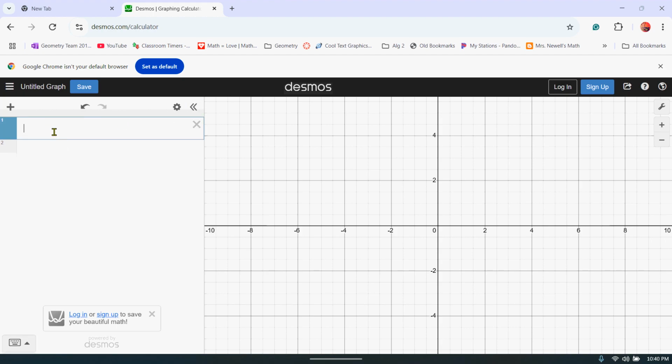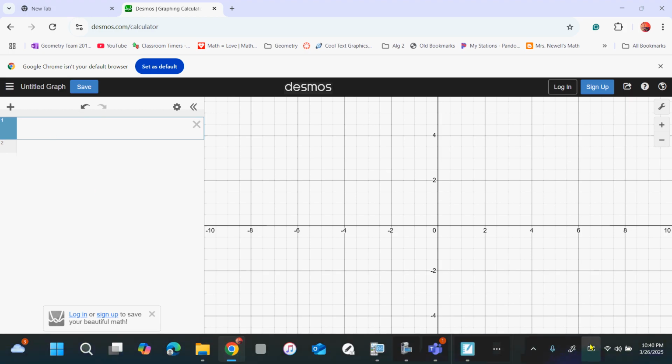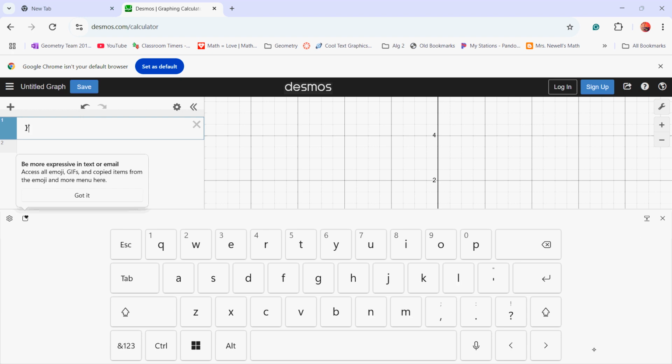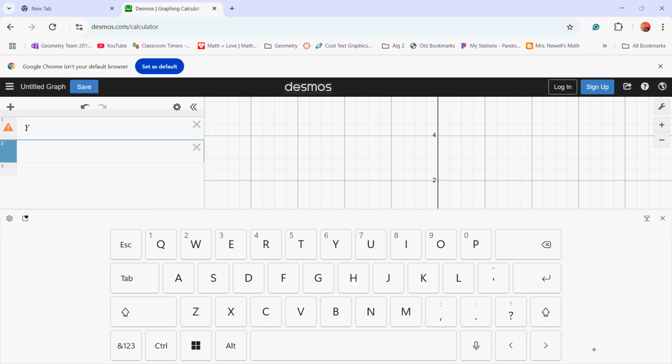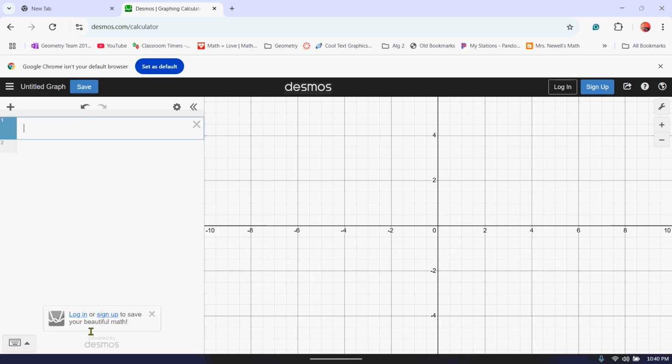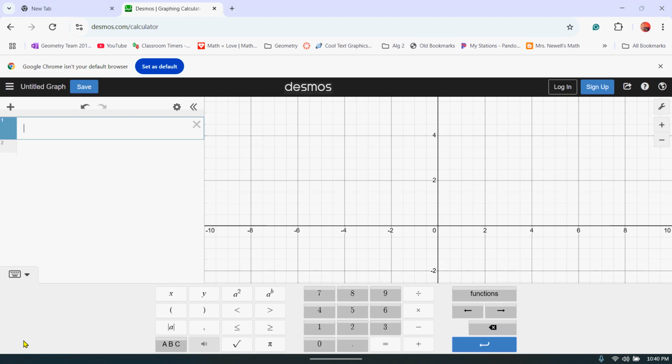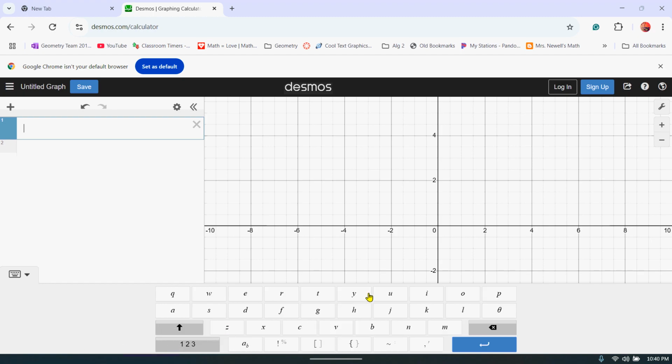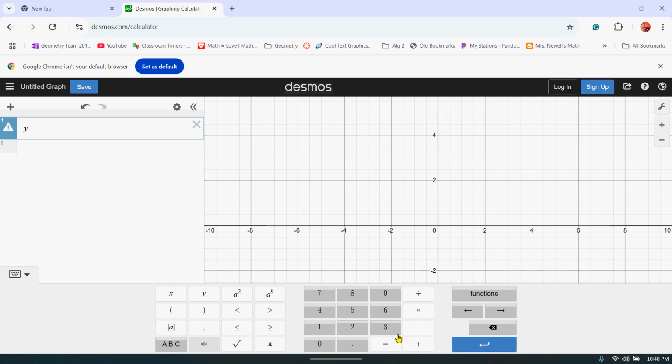We can type it as y equals, and I'm gonna see. I might have to do f of x. There it goes. Y, and then we have the equal sign. All right, so we're gonna use parentheses here.